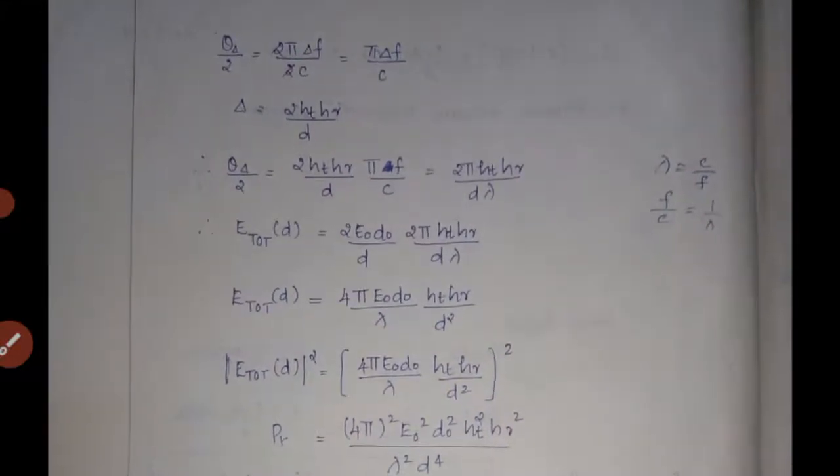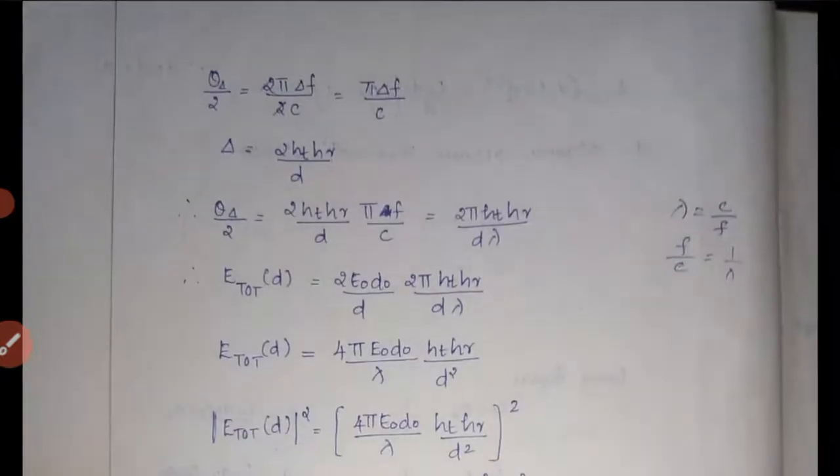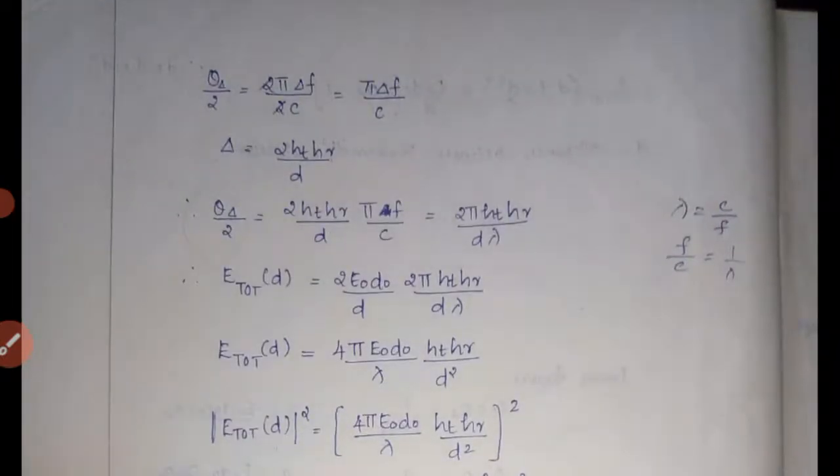Then we have to find the value for delta theta by 2. Delta theta is equal to 2 pi delta f by c, right? So delta theta by 2 is equal to pi delta f by c.